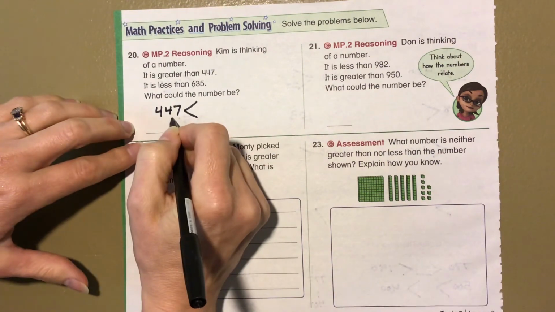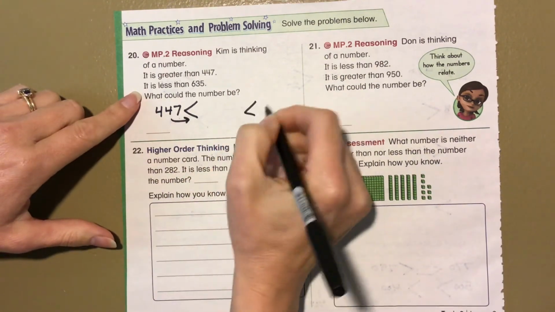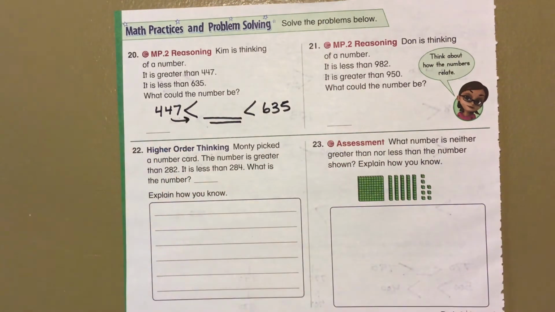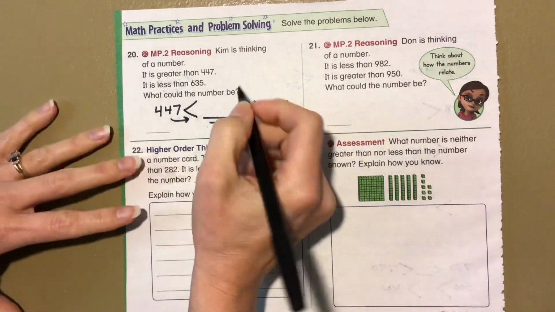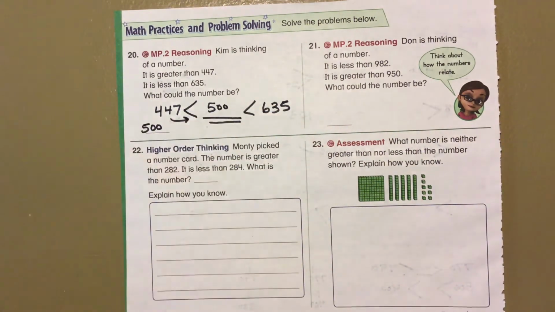So it's going to be bigger. And it is less than 635. So we're looking for any number in between there. So again, we can pick any number we want to. I'm going to pick 500 as mine. Okay, and again, there are so many different answers that you can choose. These are all just sample examples.